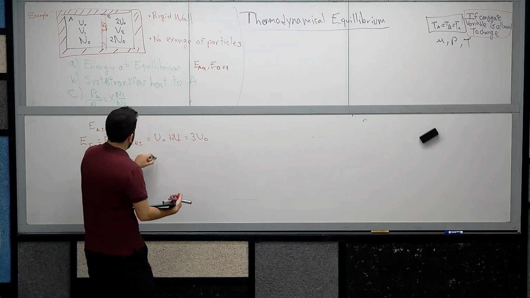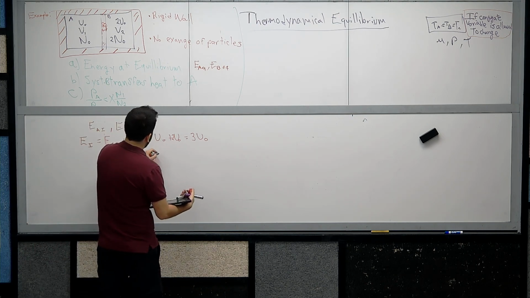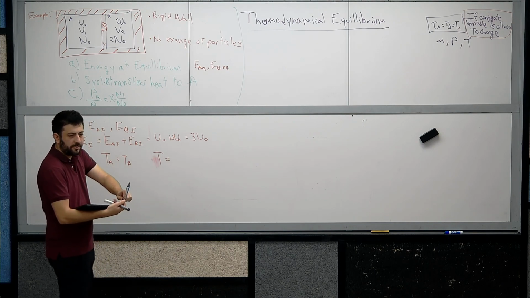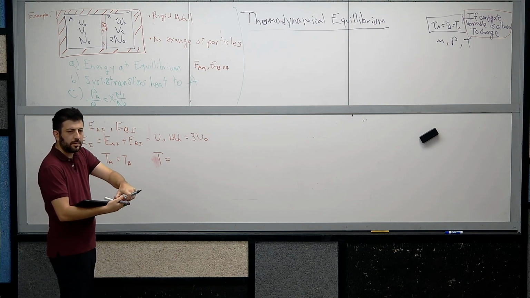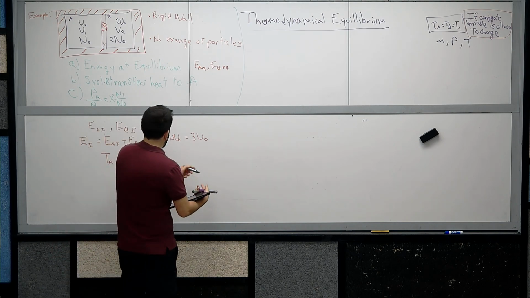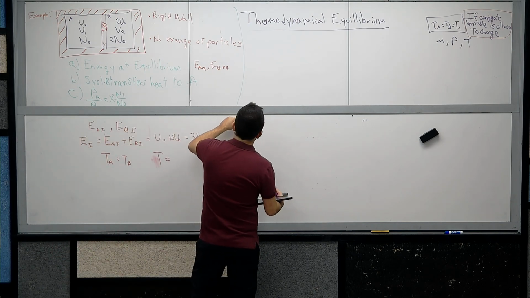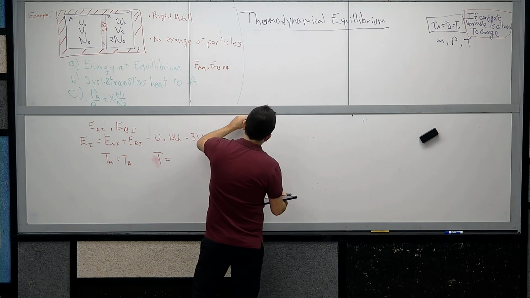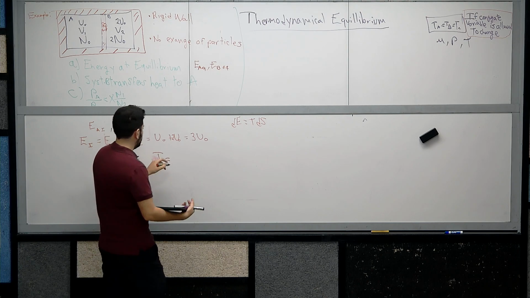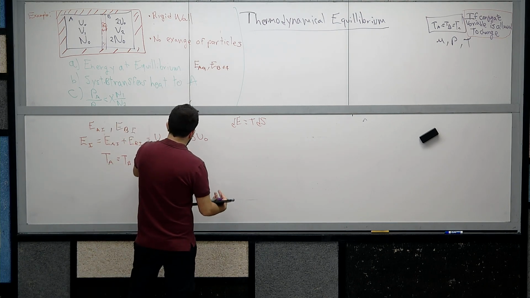What do we know about temperature? What is temperature in general, with respect to energy? dE to dS, or the opposite. Let's see, we know that dE is T dS, right? So it is dE over dS.